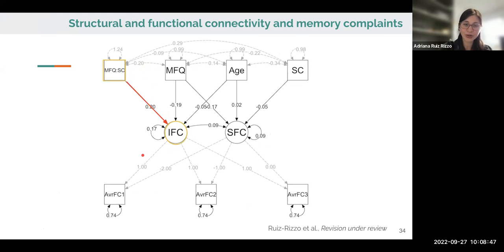The interaction between memory complaints and structural connectivity on the mean functional connectivity was significant. None of the direct effects from memory complaints on the mean or the rate of change were significant.